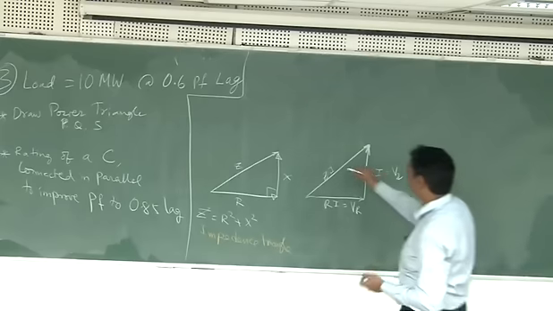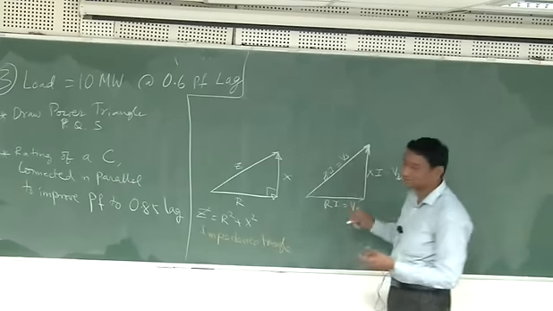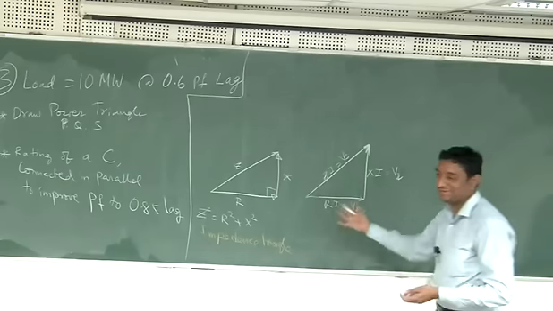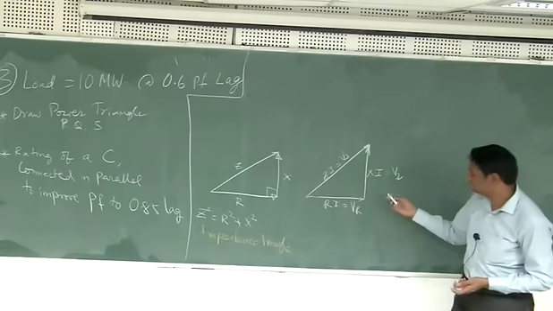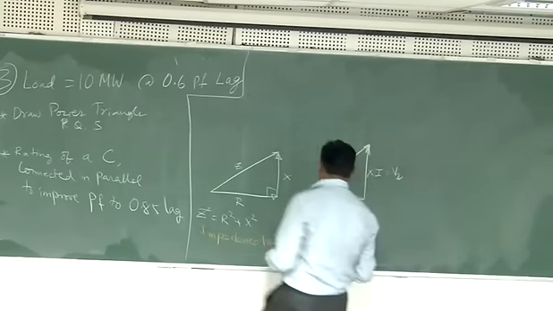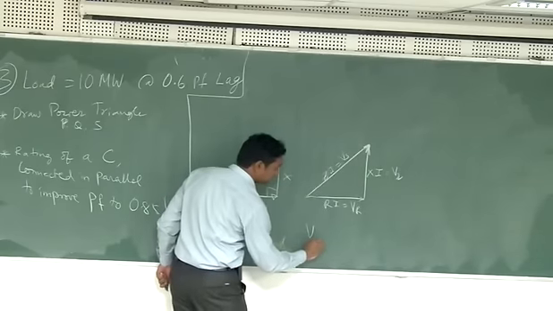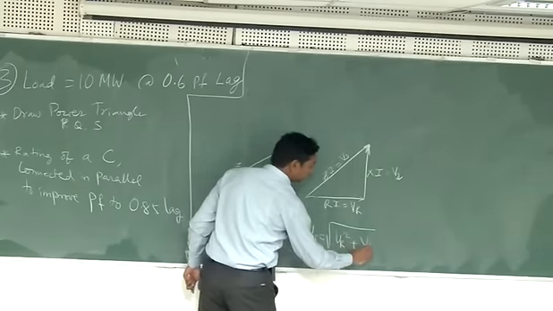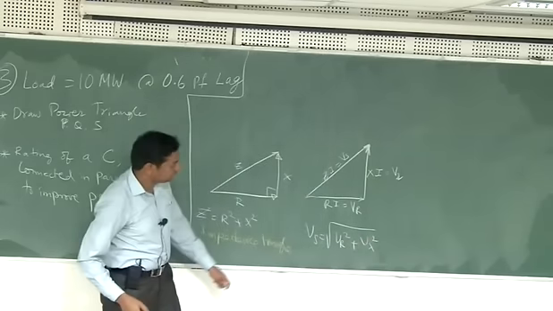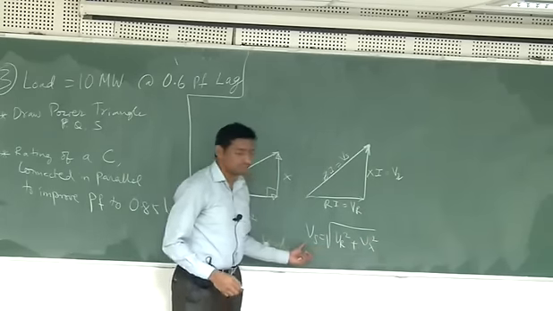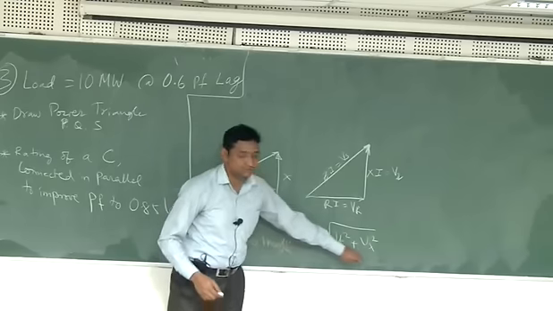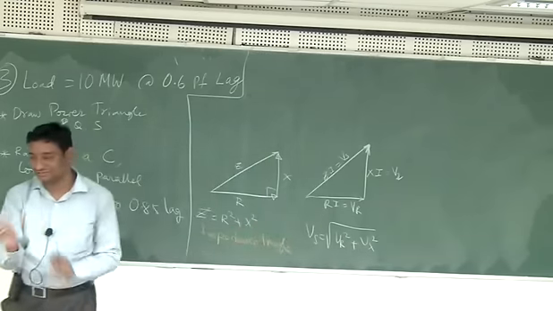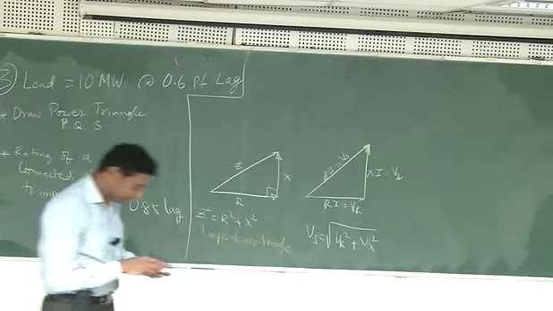And this is your supply voltage itself, Vs, the total supply voltage. It's simple, just multiply by I on all sides. So Vs is the square root of VR squared plus Vx squared. If you know these two values, you can find Vs. If you know Vs and VR, you can find Vx as the square root of Vs squared minus VR squared. If you know two, you can find the third one.